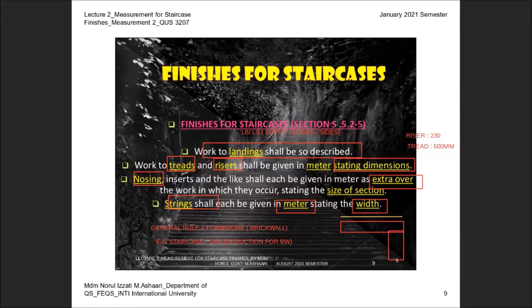But what you need to do is deduct the size of your brick wall here because there is a brick wall. So originally, you can take the dimension that you have measured in the formwork, but don't forget to do deduction where there is a brick wall. That is the general rule of the measurement for the staircase finishes. Okay, class, so you don't have to remeasure again and again.